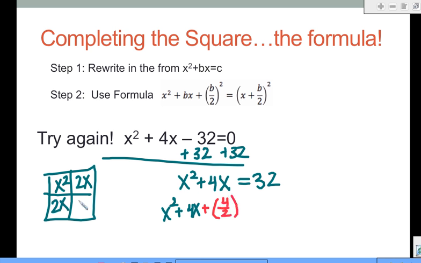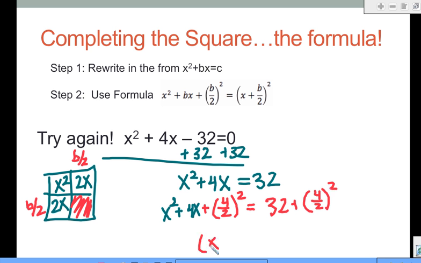And why is it squared? To fill in this little box, this is b over 2, and we're squaring it. So we have 32 plus b over 2 squared, and then it factors into x plus b over 2, so x plus 2 squared. And over here we'd have that 36. And then we can solve it.